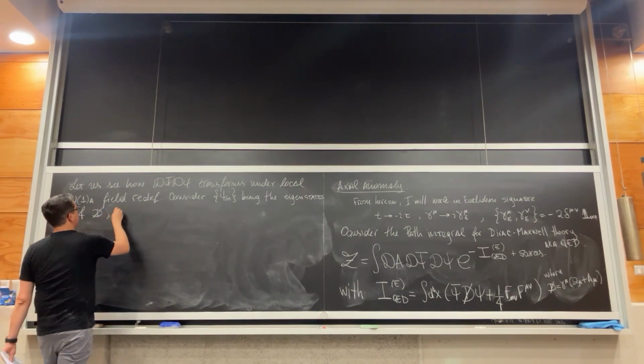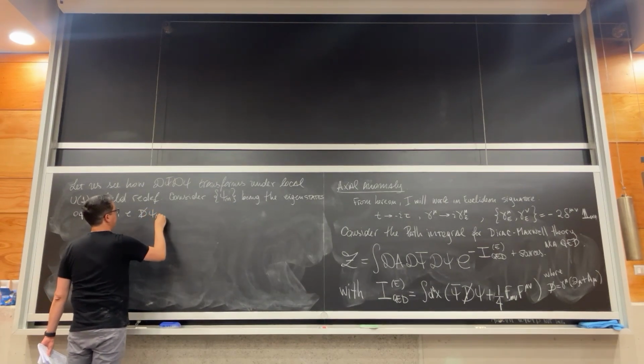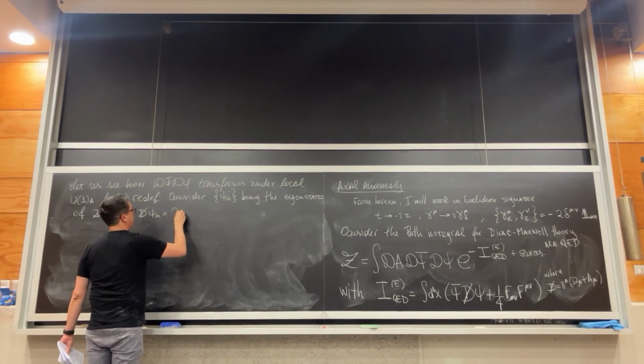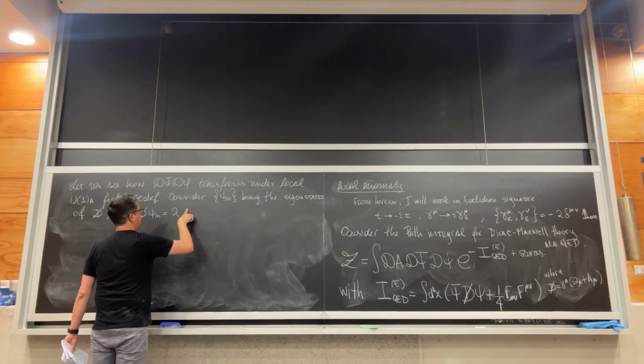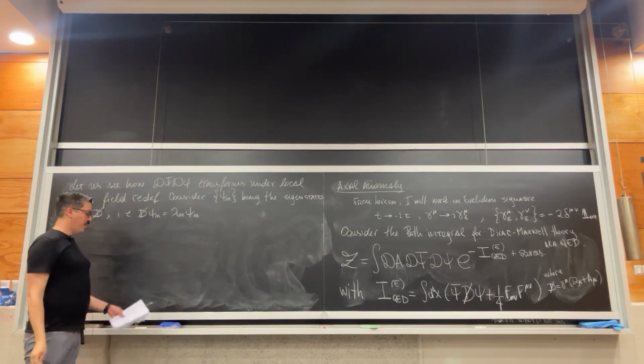So this means D-slash acting on psi m will give us the eigenvalues of the Dirac operator.